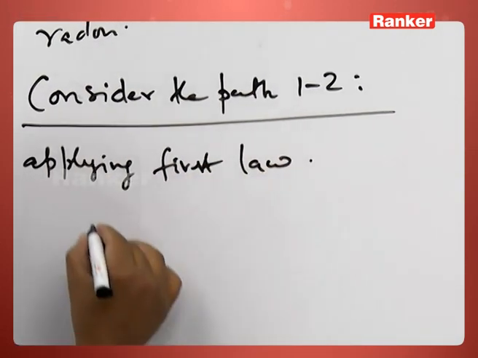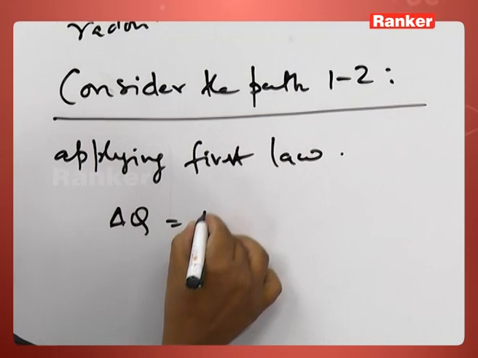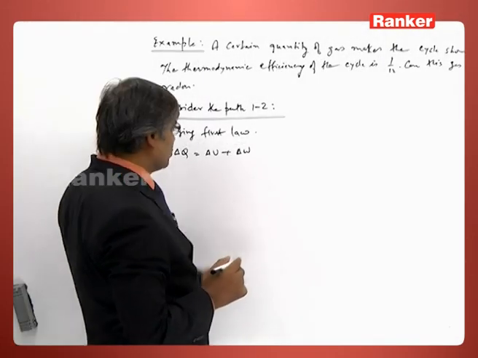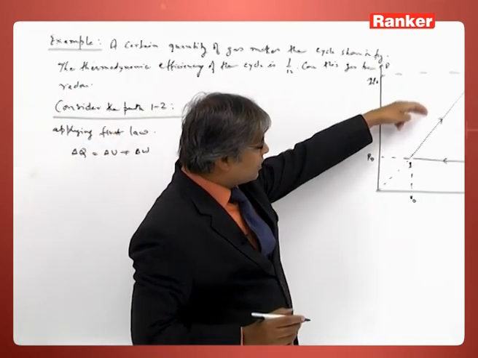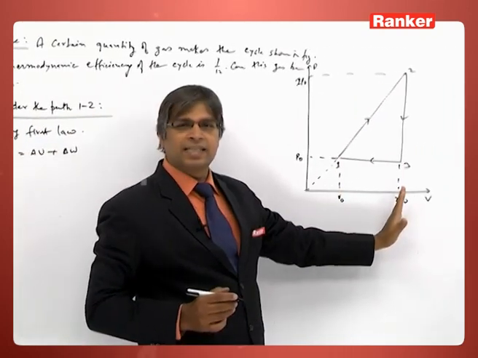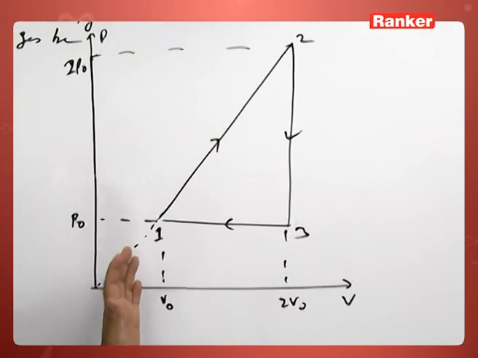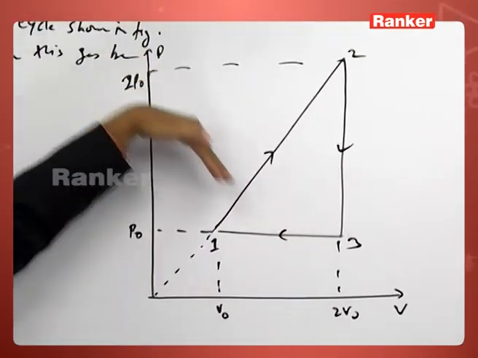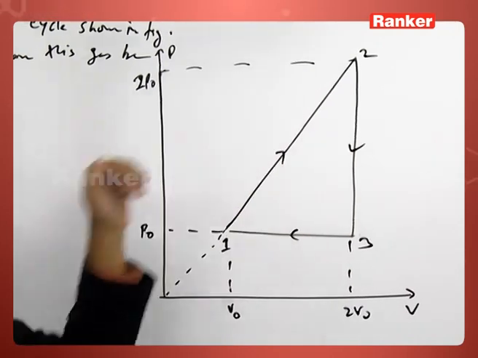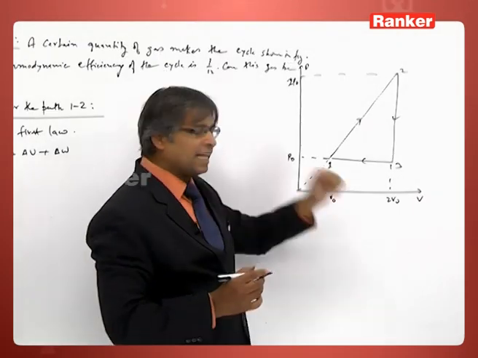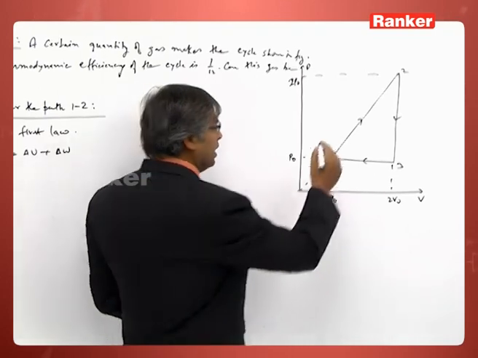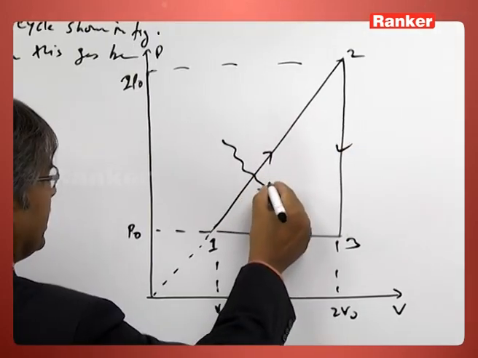Applying first law, delta Q is equal to delta U plus delta W. Now you see here, from 1 to 2, the volume is expanding. That means the system is doing work. As well as temperature is increasing. The isotherms are like this. So temperature is increasing and the gas is doing work. This can happen only when some amount of heat enters.